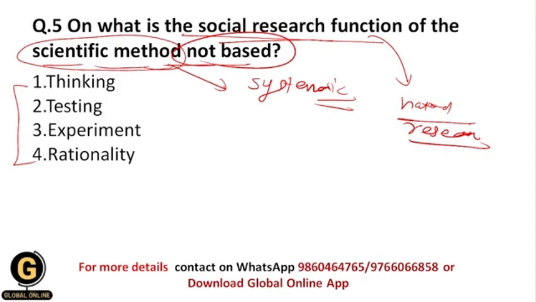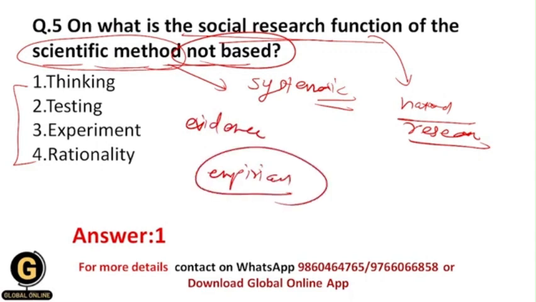That's why the social research function of the scientific method is not based upon thinking, because it is based upon evidence and empirical methods. Empirical methods means we observe the facts, we measure those facts, and we have proper evidence, and based upon that evidence we come to the conclusion. Here we don't only think about it, we do the actions.